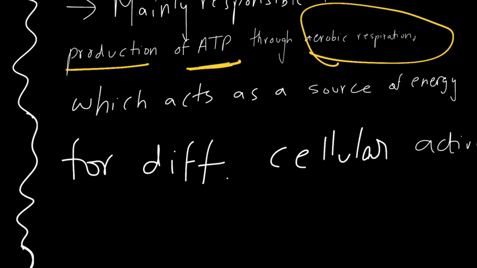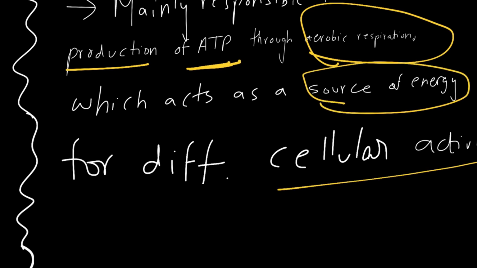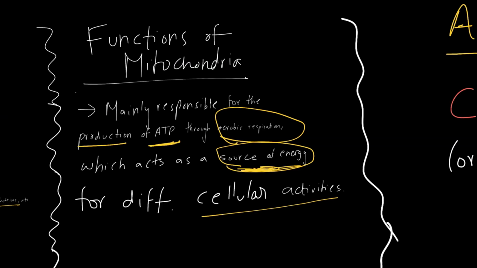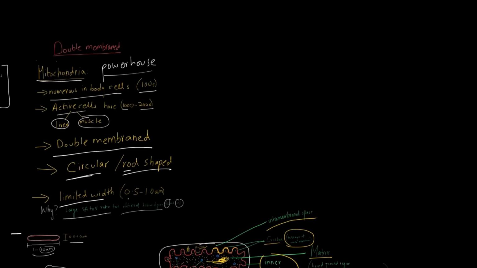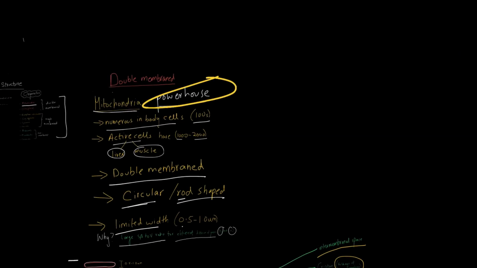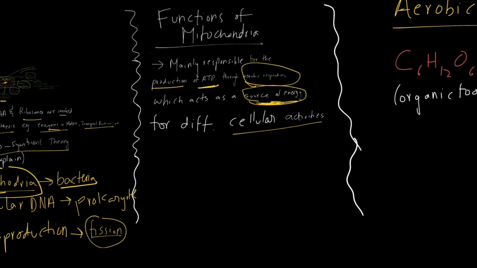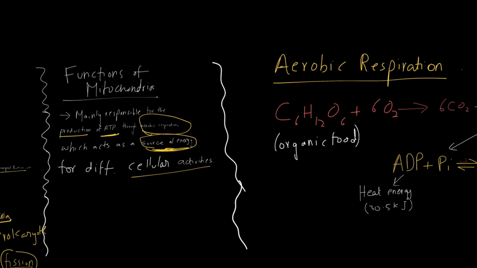And ATP acts as a source of energy for different cellular activities, and this source of energy is what gives it the name powerhouse of the cell, or as I earlier mentioned, powerhouse of the cell, right? So this is the basic function of mitochondria.